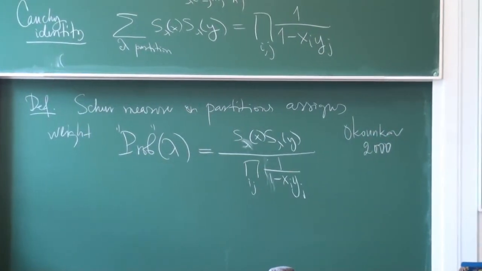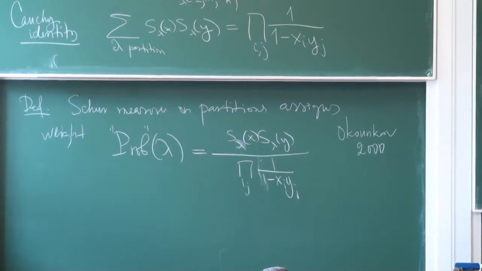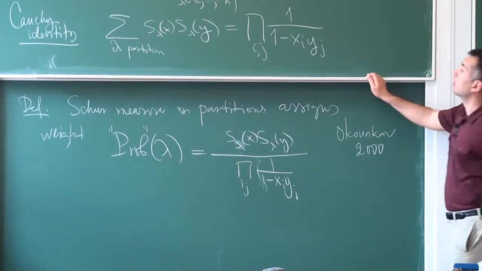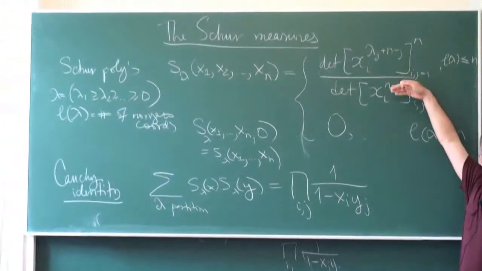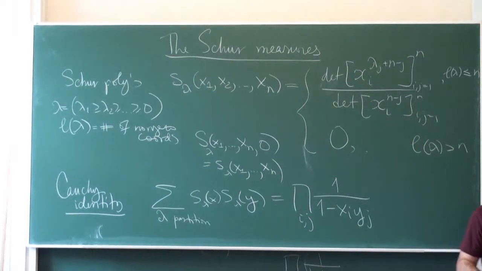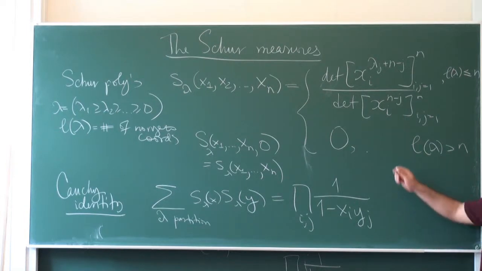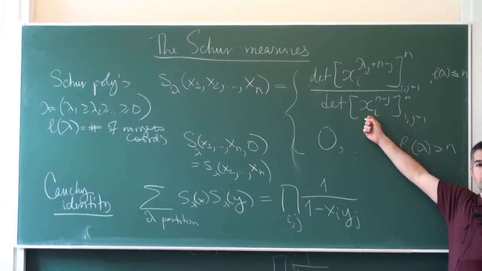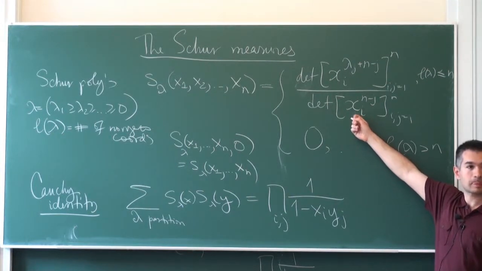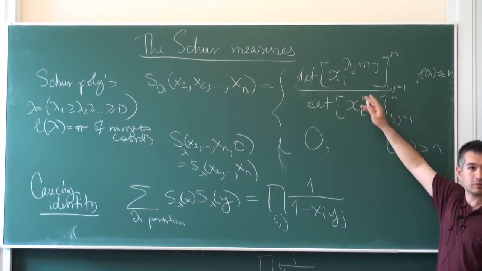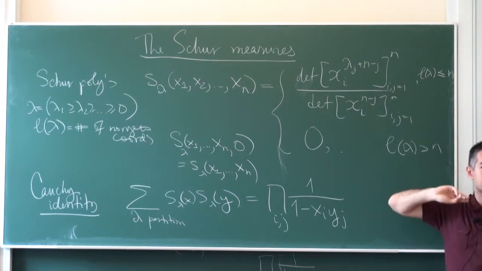Now, how does one prove that? There are many ways. First of all, you can try to do it directly. So what is the Schur function? It's the ratio of two determinants. Now, if I put all the variables being equal, the numerator and the denominator will both give zeros, right? If any two x's are equal, then both the numerator and denominator are zeros.